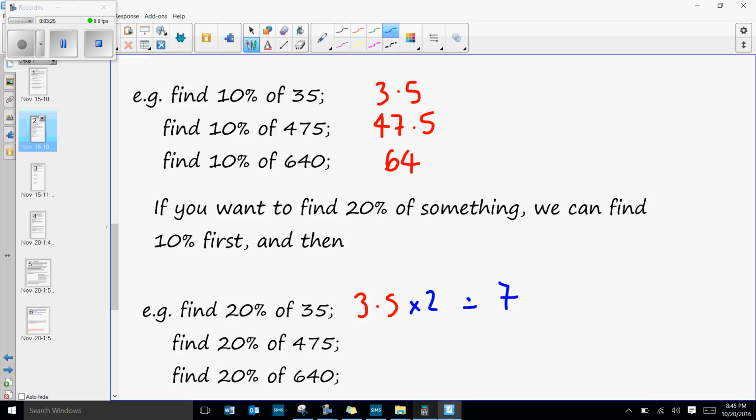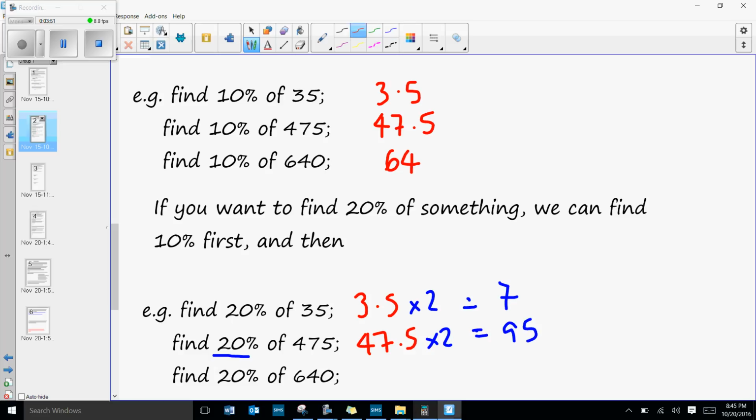Again, 20% of 475. We take our 10% and we multiply by 2, because we're now finding 20% rather than the original 10%. So this gives us 95.